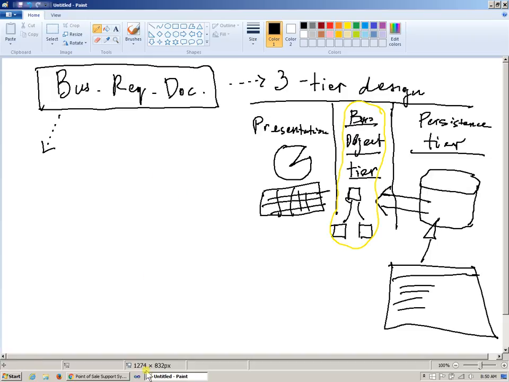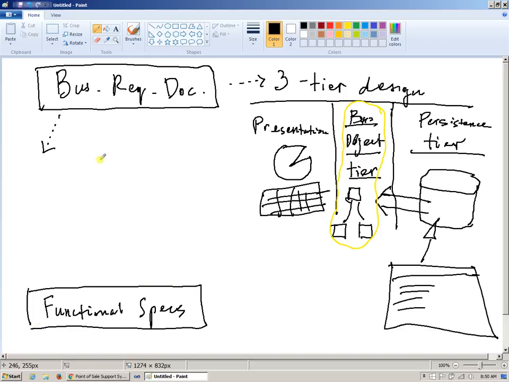Our next big stage is that when we have the functional specs complete, and essentially this is our rewrite of the business requirements. What we want to do is go from business requirements to functional specification.